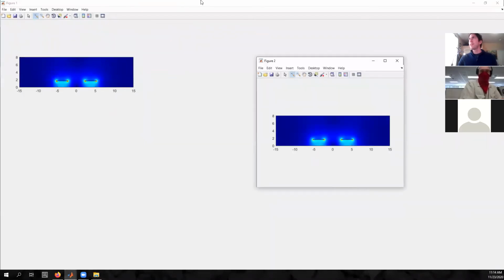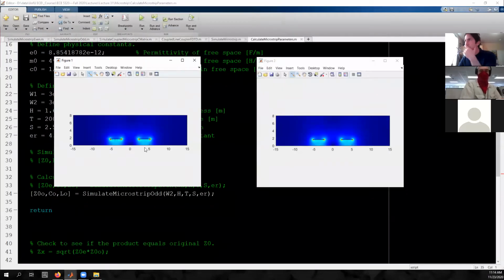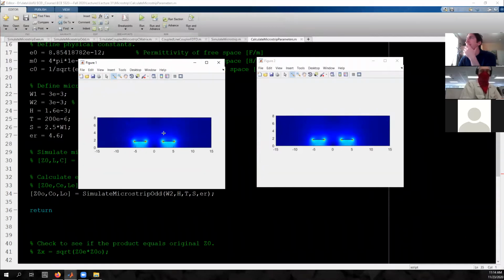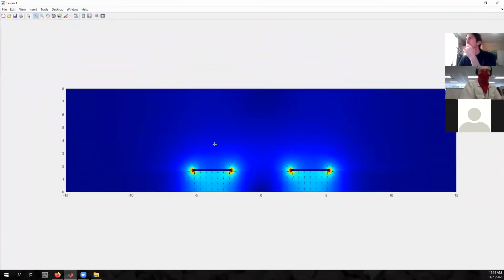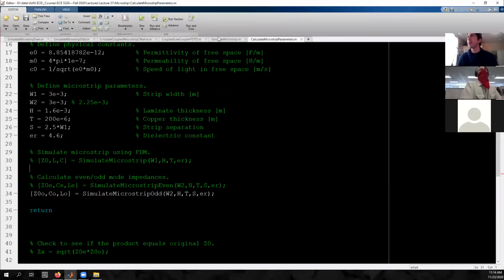So what's happening is my field intensity is dropping a bit because instead of having positive here and negative on the ground, this is a positive and the negative is over here, and the ground is now a 0 volt reference. You have to be a little mindful of those distinctions. Let's fix that up anyway.